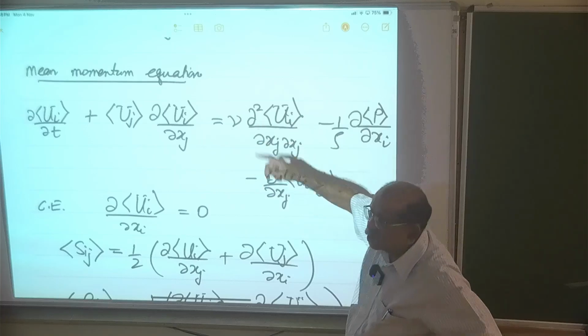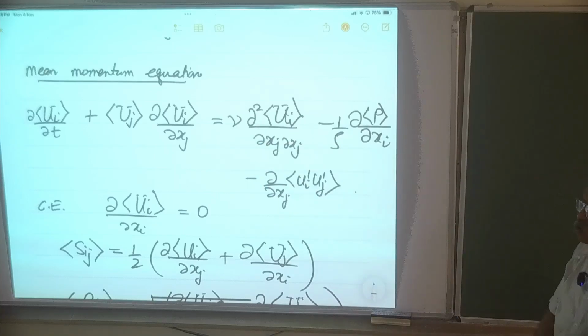But the mean velocity, the evolution of that will not change at all. It will still follow the same equation.